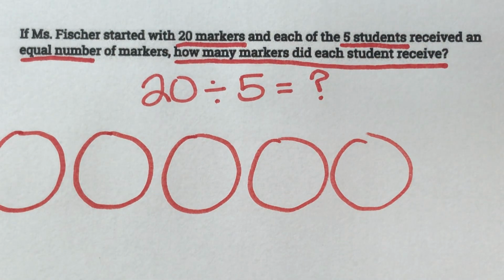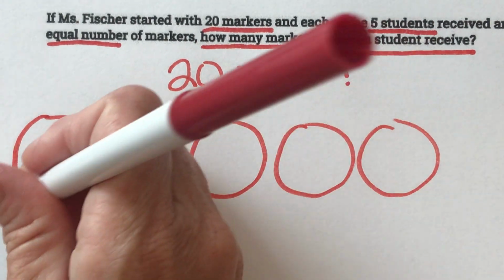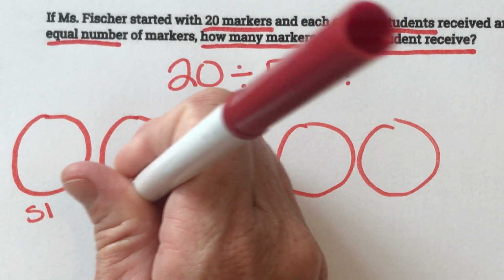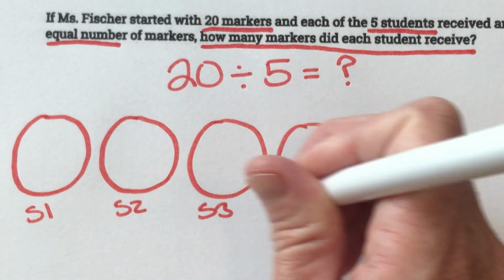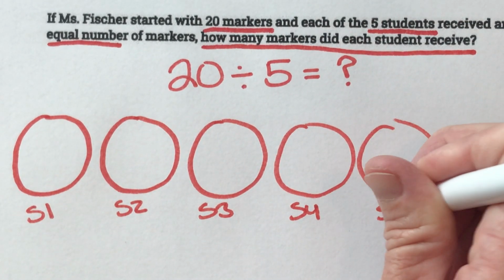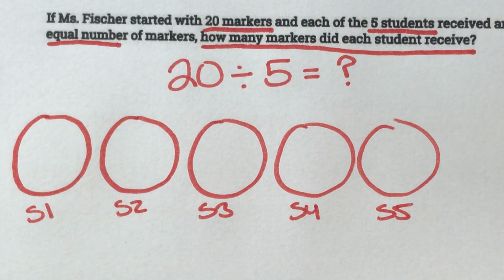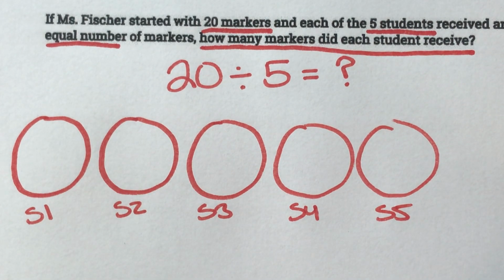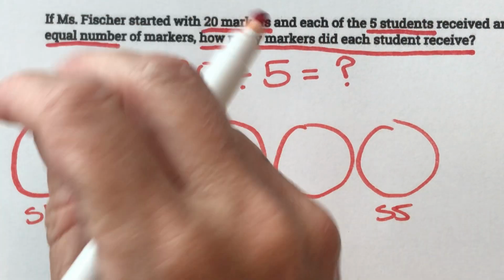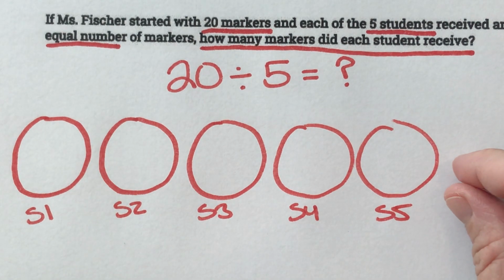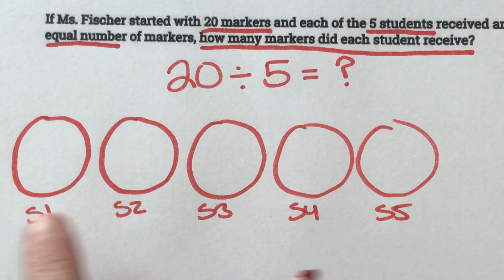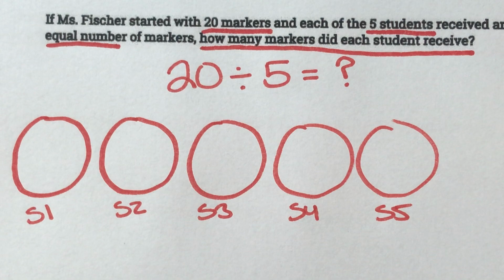Those are just going to represent the students, so I can say student 1, student 2, student 3, student 4, and student 5. Okay, so what is Miss Fisher going to do with her markers? She's going to take her 20 markers and share them equally. So I'm going to start passing out my 20 markers to my students. My circles are representing my students.